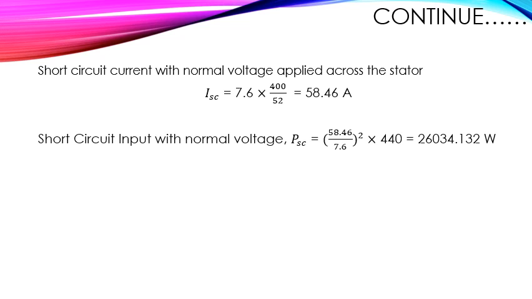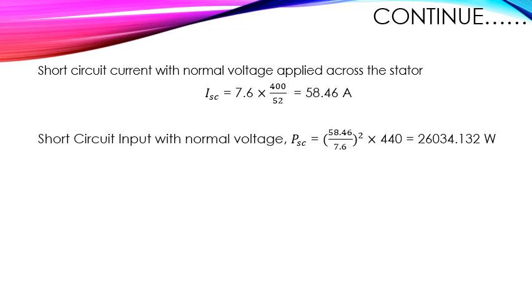Using that we can find the short circuit input with normal voltage, that is PSC, which is equal to 58.46 divided by 7.6, whole square, multiplied by 440.